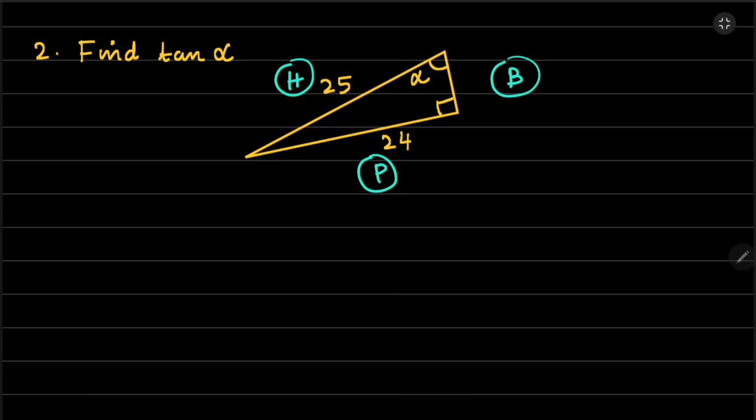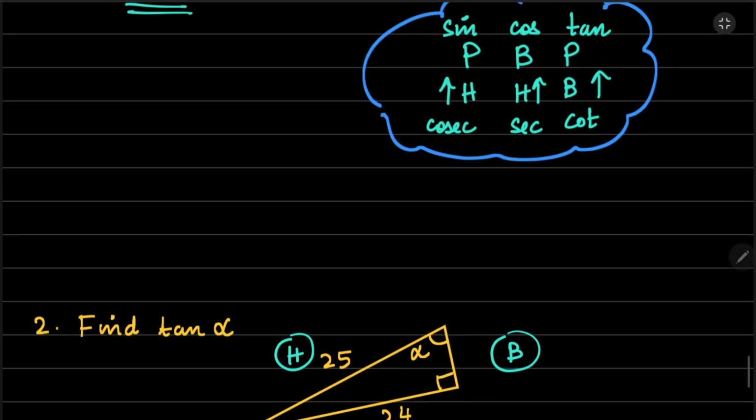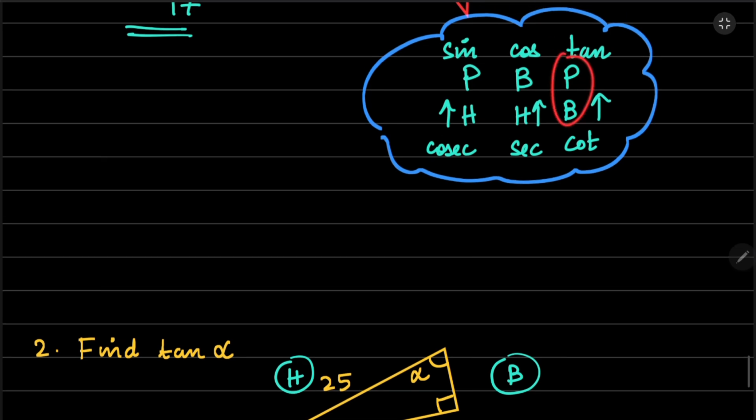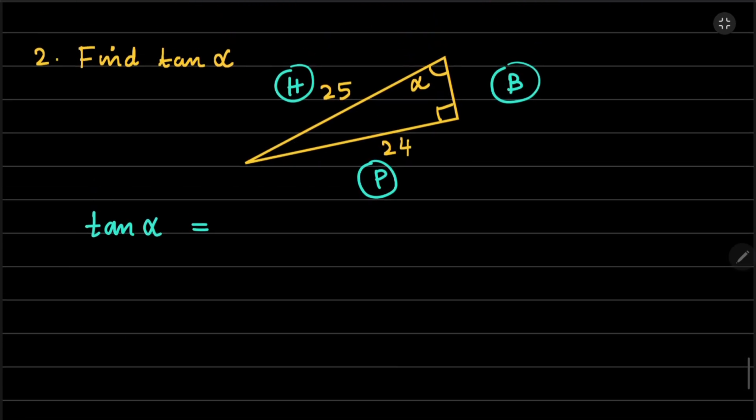And the third one is your base. Okay. Now what is your tan of alpha? Tan is nothing but, as I told you, it is P by B. Okay, perpendicular by base, P by B. What's your perpendicular here? 24. What's your base? I'm sorry, here in the question it's given it's 7. Okay, so it is 7.